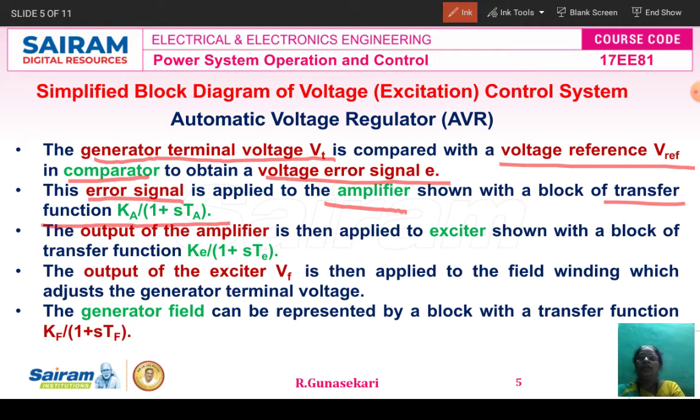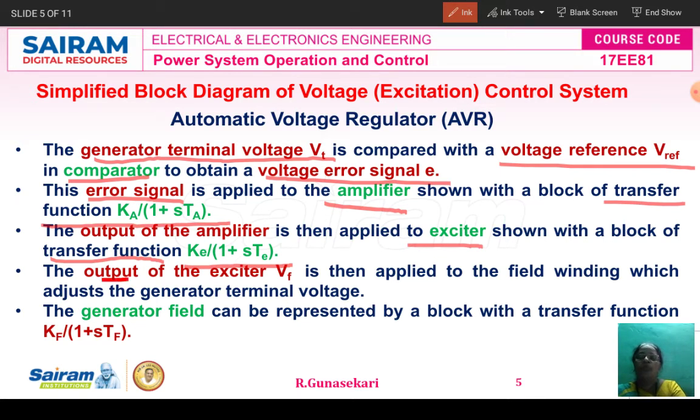Then the output of the amplifier, Vr, is applied to the exciter. The transfer function of the exciter is Ke divided by 1 plus S Te, where Te is the time constant of the exciter and Ke is the gain of the exciter.